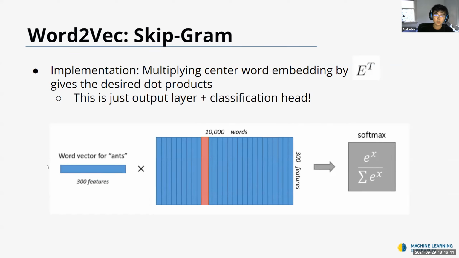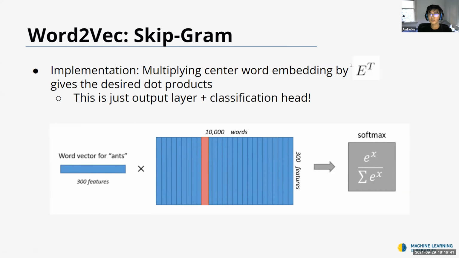What you'll do is you'll take the word embedding for ant and multiply it by this whole word embedding matrix. If you look into this matrix multiplication, it's just taking the dot products between the word ant and every single embedding in the matrix, right? Because you basically take out this red vector and take the dot product of it with this vector, and that gives you one entry in the resultant vector.